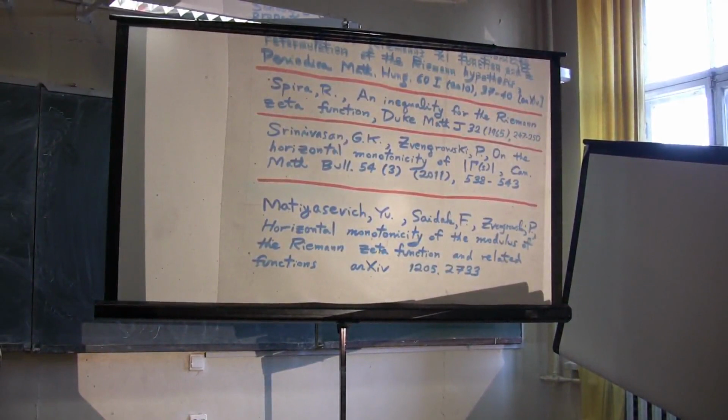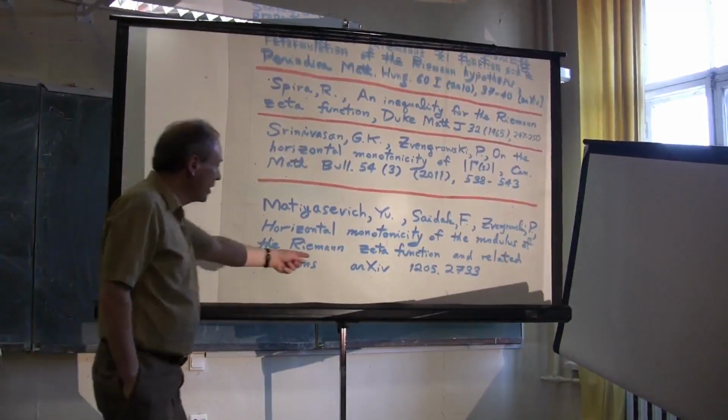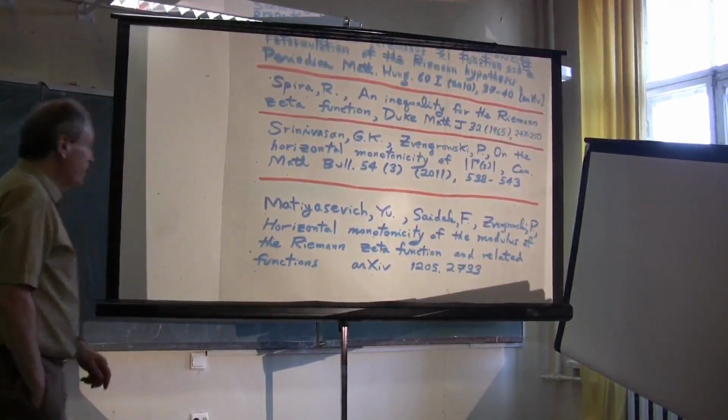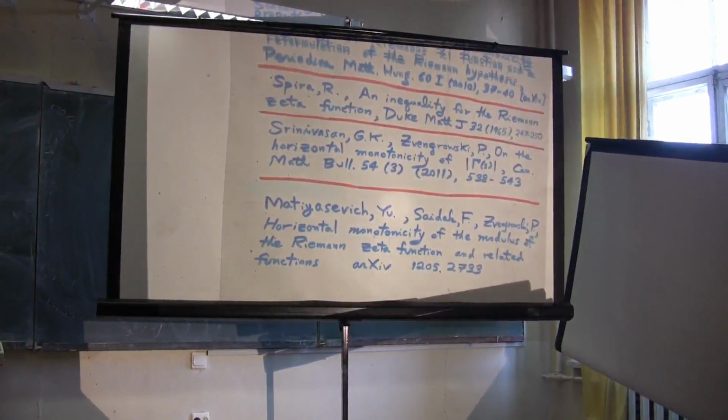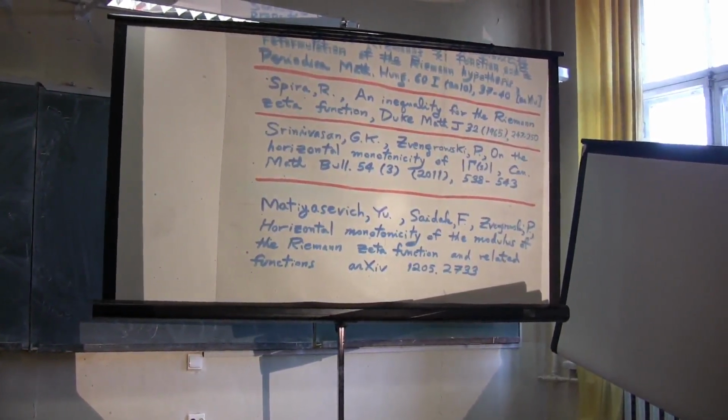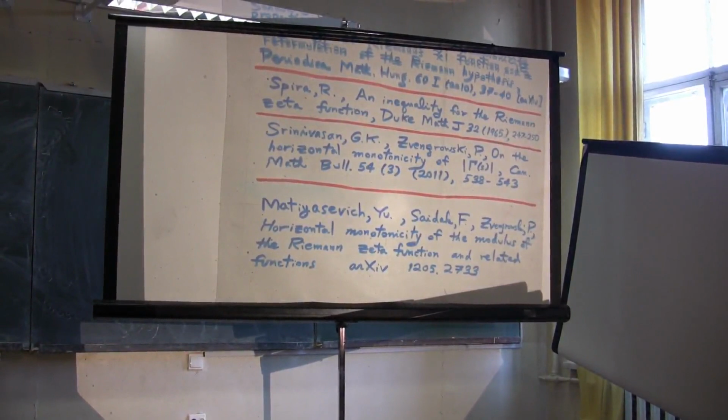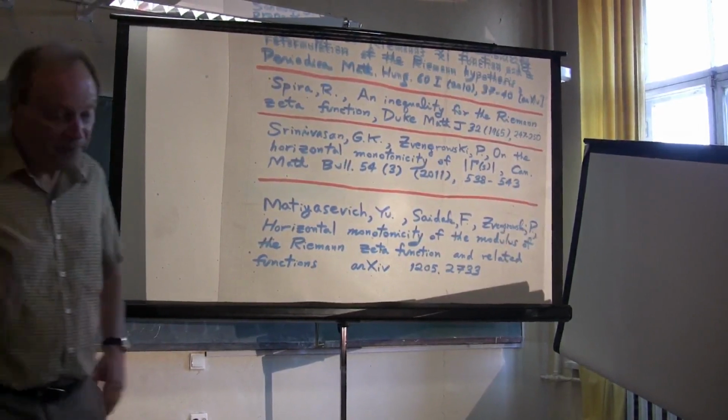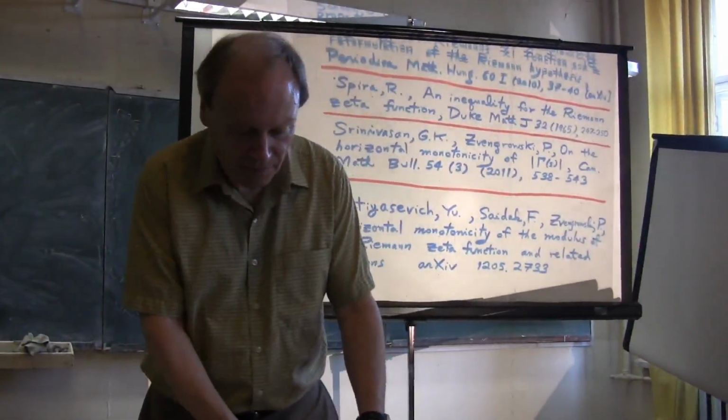And then there's a new paper that we put on archive just maybe one week ago, with Yuri and Philip. This is monotonicity for the Riemann function, the psi function, and the eta function. So those are some of the references.